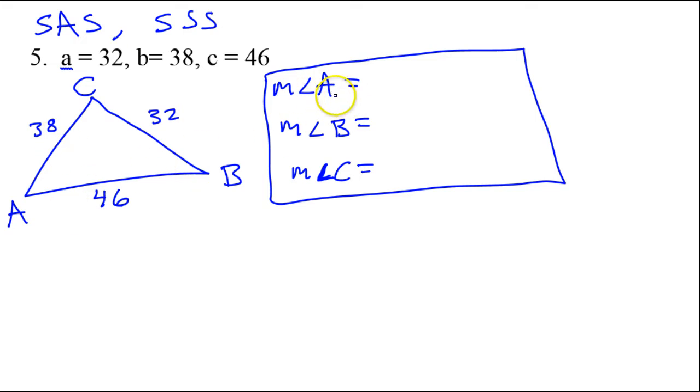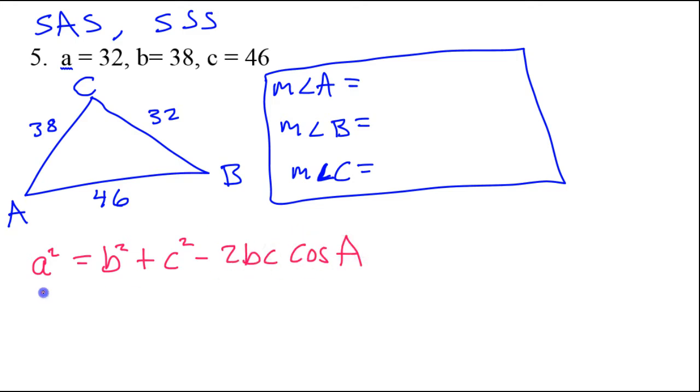So we might as well just start with angle A. Now, if you're going to find angle A, you need to start off with the version of the law of cosines that starts off A squared. So A squared, that's side A squared, is equal to B squared plus C squared minus 2BC cosine of angle A. Well, we know A, B, and C, so we know everything in this formula except for angle A, and that's what we're going to find.